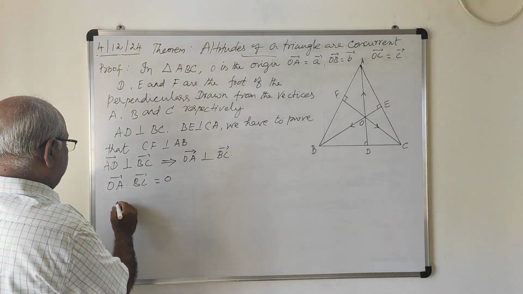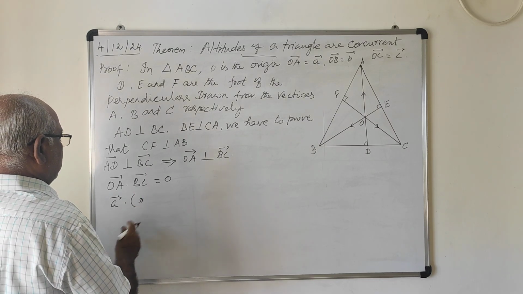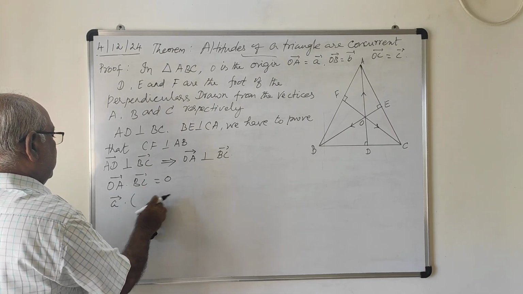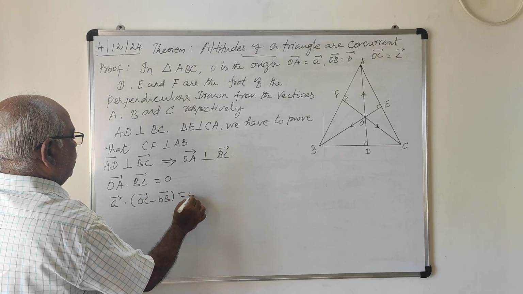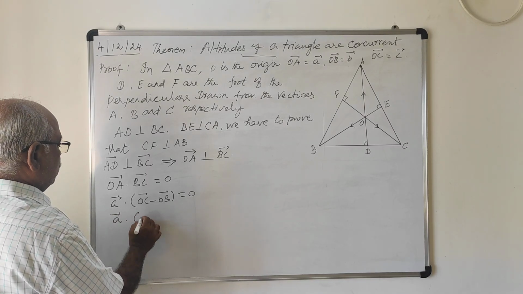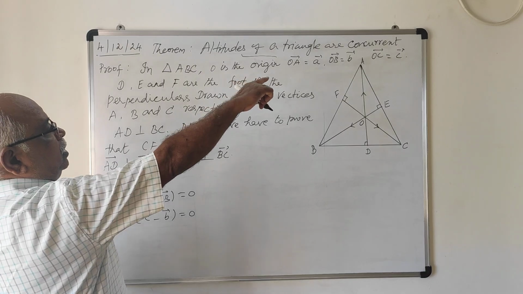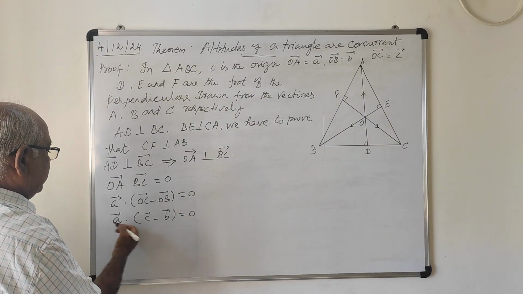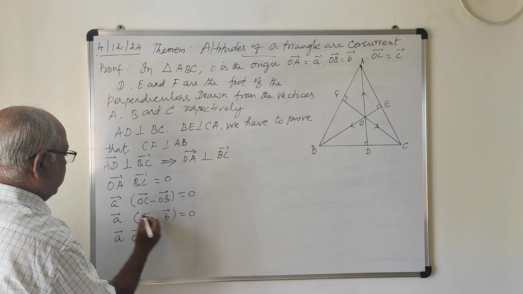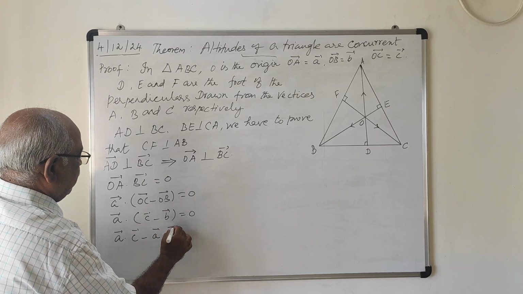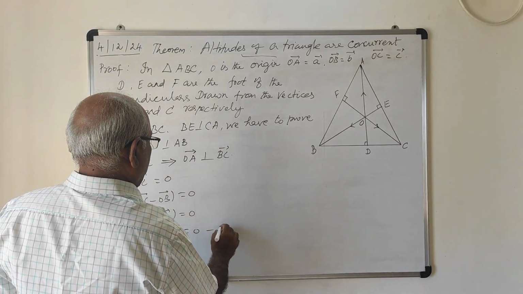OA is A. BC is OC minus OB, that is C minus B. So A dot (C minus B) equal to 0. By distributive law, A dot C minus A dot B equal to 0. Consider this as equation 1.